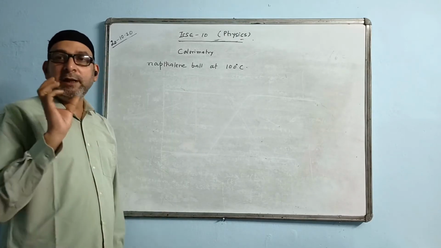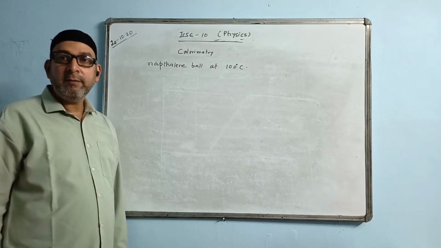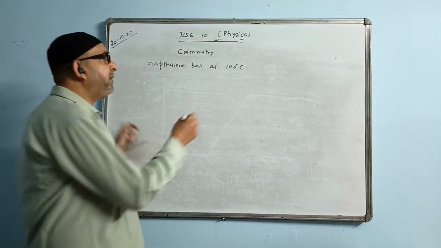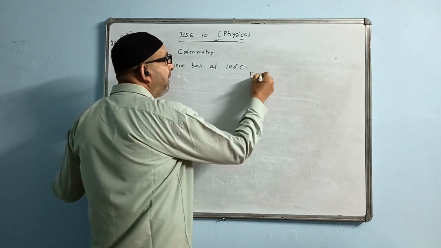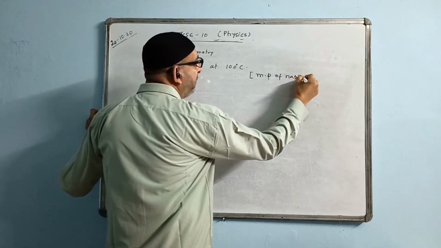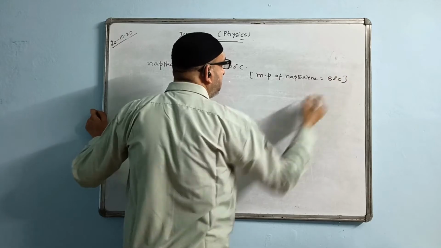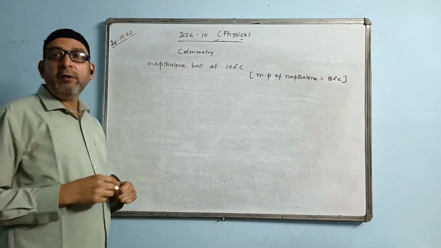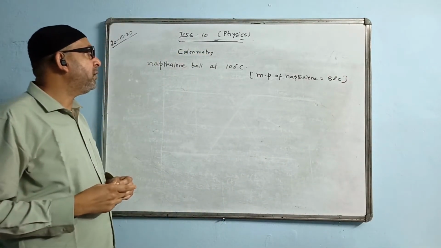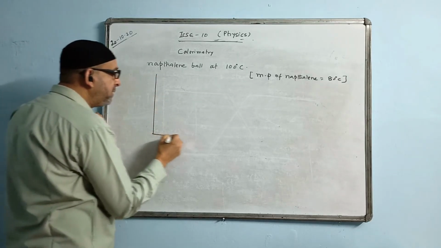In the bracket they have given the melting point of naphthalene equal to 80 degrees Celsius. Draw a heating curve to show the conversion. For that we will do it like this.